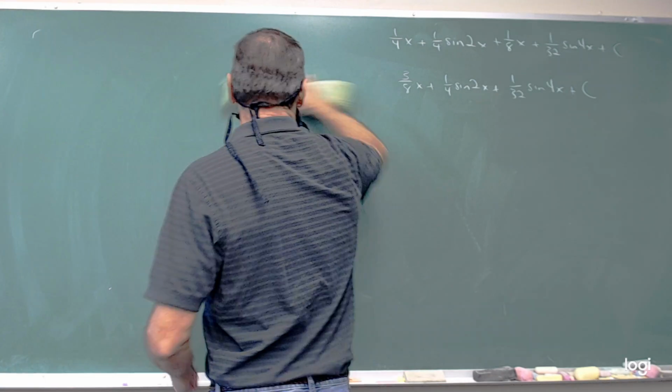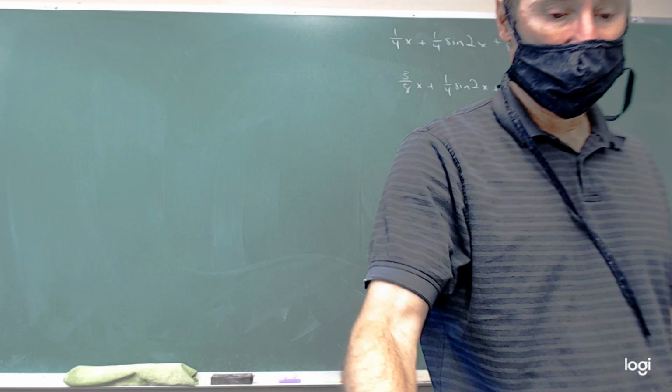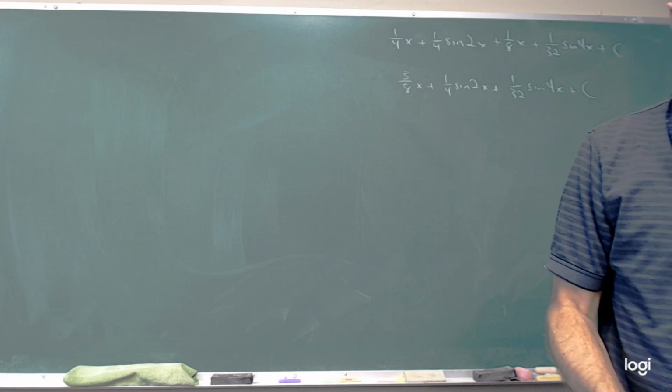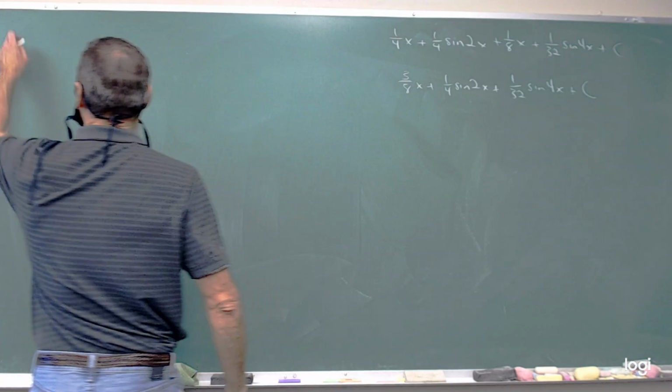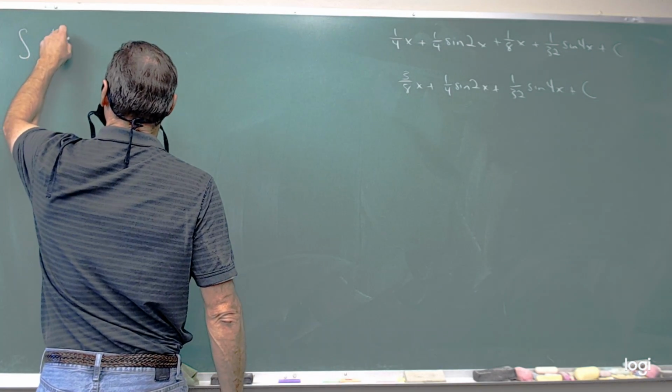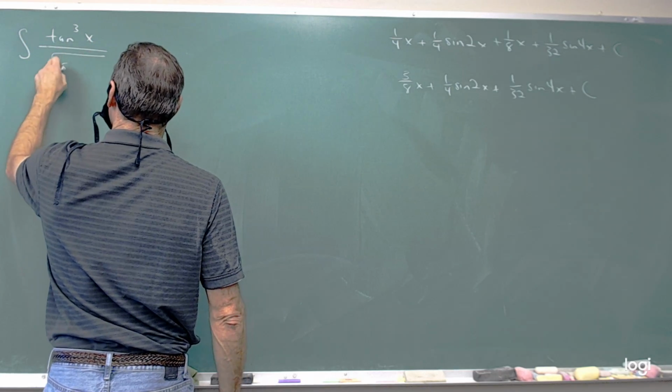Okay, so let's look at a different one. Let's do some tangents and secants. So let's do the integral of tangent cubed x, kind of like the one we did earlier, and the square root of secant x.